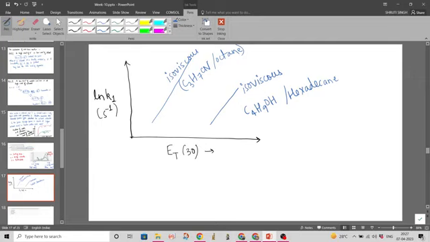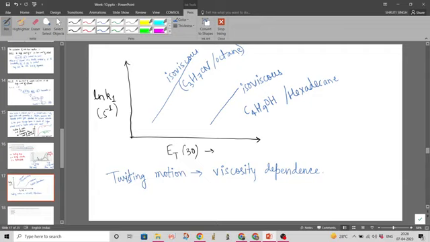So now the twisting motion shows viscosity dependence highly. The twisting motion shows viscosity dependence because if the solvent is more viscous, it will take more activation energy for the molecule to rotate, or to twist.